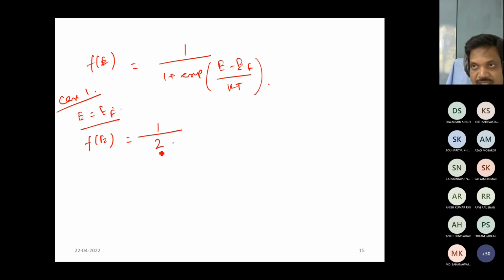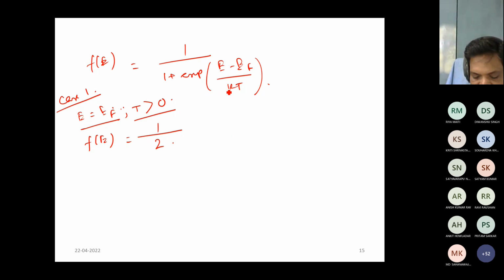Probability 1 by 2. What does it indicate? There is a 50% probability. The chance of getting an electron at the Fermi energy is 50%. And this holds at any temperature T, if you consider T greater than 0. That means it does not depend on temperature.